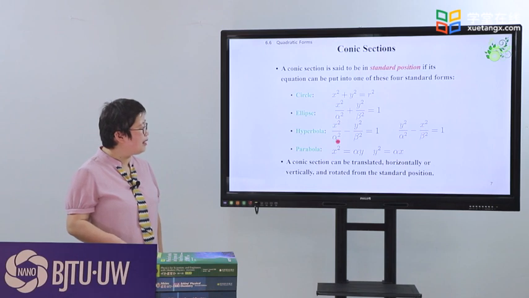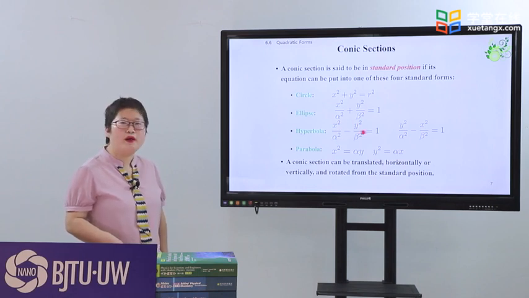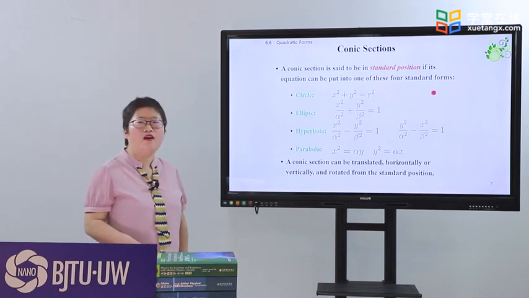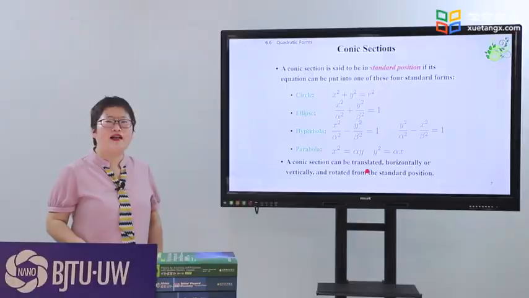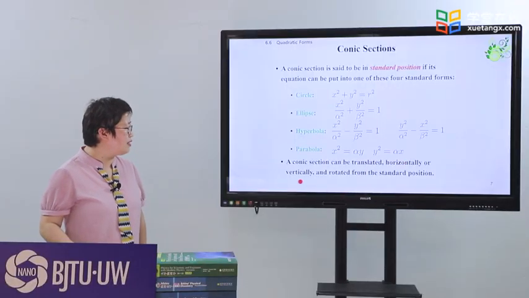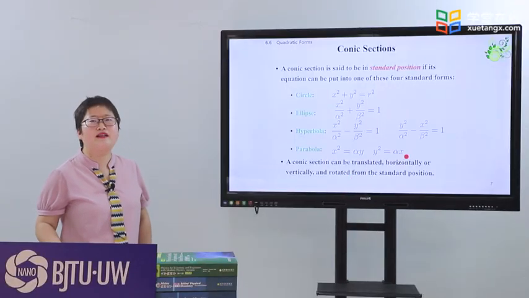x power 2 divided by alpha power 2 minus y power 2 divided by beta power 2 equals 1, or y power 2 divided by alpha power 2 minus x power 2 divided by beta power 2 equals 1. So this is the hyperbola. And the parabola is like here: x power 2 equals alpha times y, or y power 2 equals alpha times x. A conic section can be translated horizontally or vertically and rotated from the standard position.